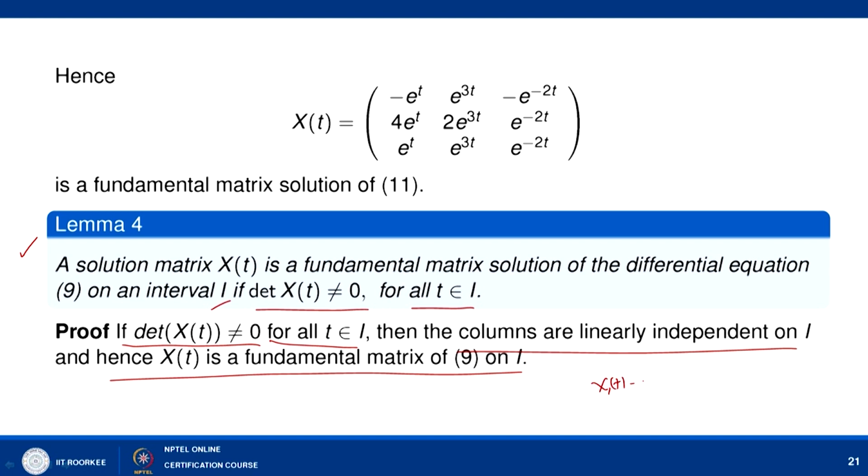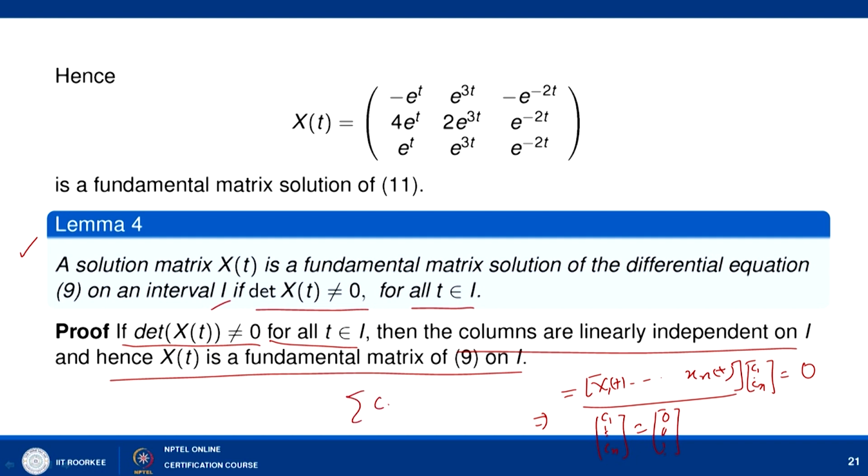Consider x1(t) to xn(t) and write the combination with constants C1 to Cn equal to 0. Since the determinant is non-zero, this system has only the trivial solution, that is, C1 to Cn are all 0.